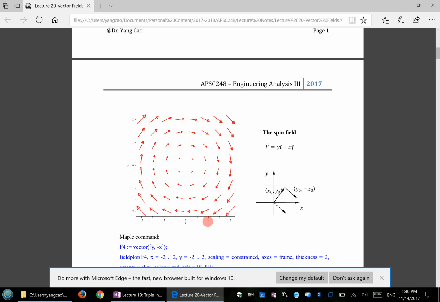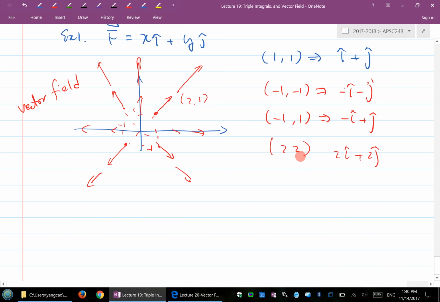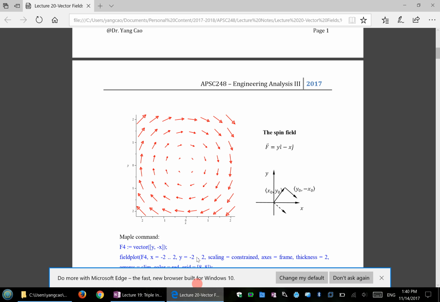So for example, if you have a function f equal to y i hat minus x j hat, this one here, you get a vector field like that.